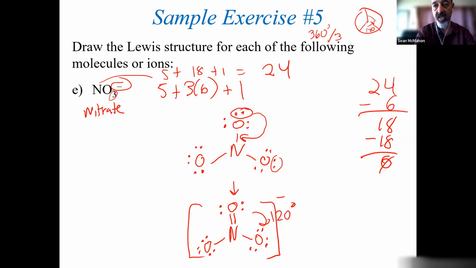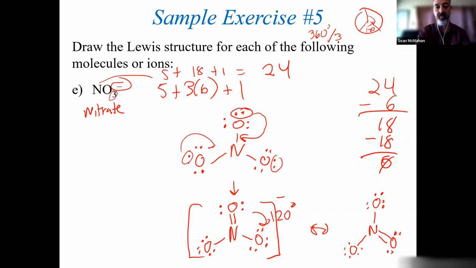So if I rotate 120 degrees, like this, I'm going to get a resonance structure where now the double bond is over here. And I've just moved everything else over 120.